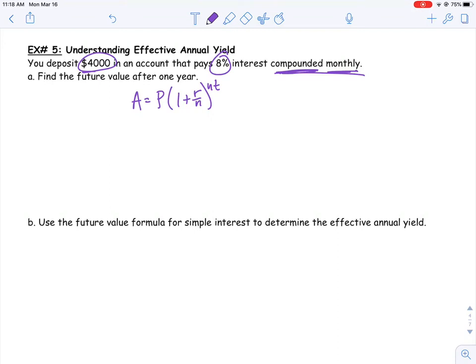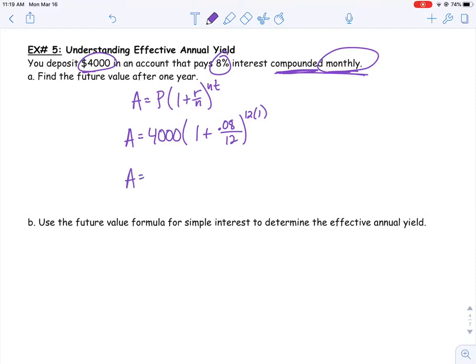That says I can find my future value of any compound interest amount. I know that I have $4,000 that I'm going to put in the account. I know that the interest rate is 8%, so 0.08. The N, remember, is the number of times a year that this is being calculated. So I know that this is being calculated monthly, and I'm going to do it for 1 year.